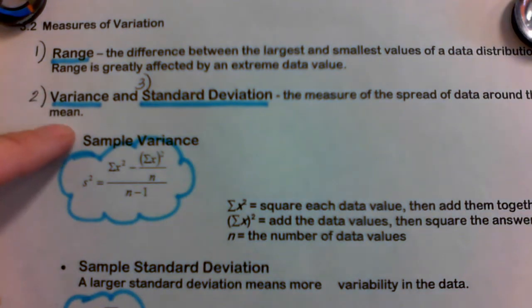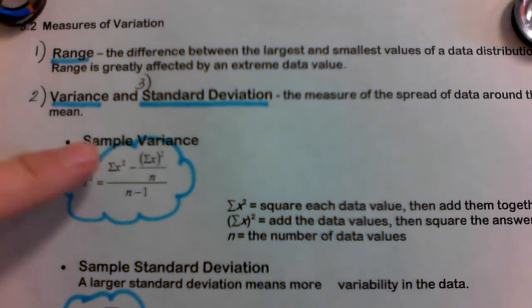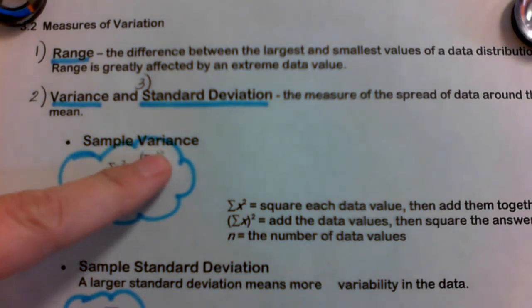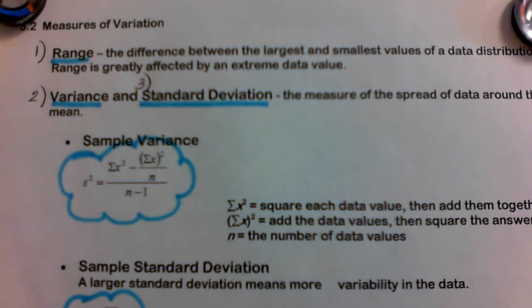So this is the relationship of your data values as it compares to the mean, or X bar, of your set of data. Okay, now here is the formula to calculate the sample variance. Now, if you remember, the sample mean is X bar. The sample variance is called S squared.